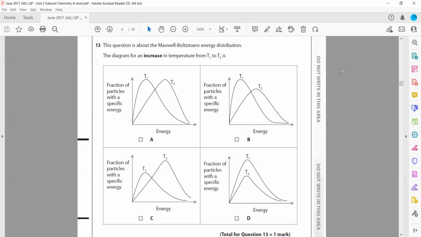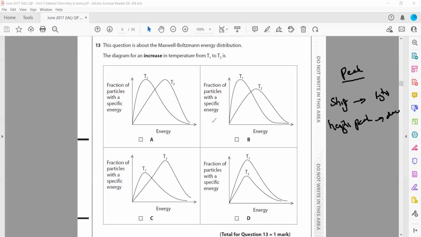As we increase the temperature, two things will happen. The peak will shift towards the right hand side, and second, the height of the peak will decrease. So these are the two things that will happen.